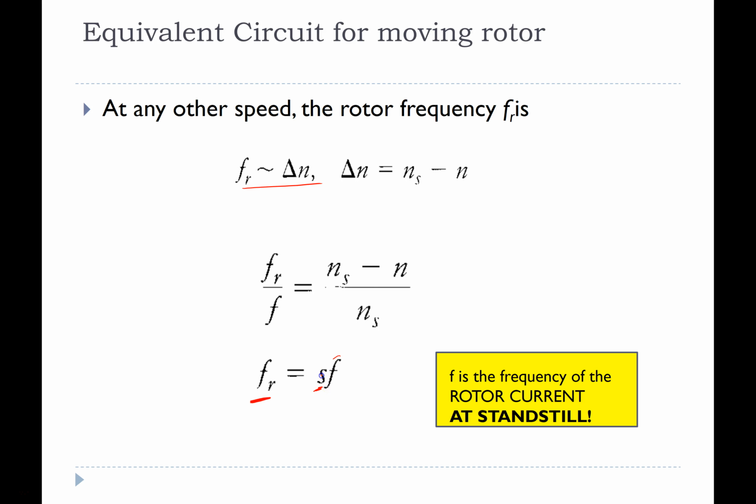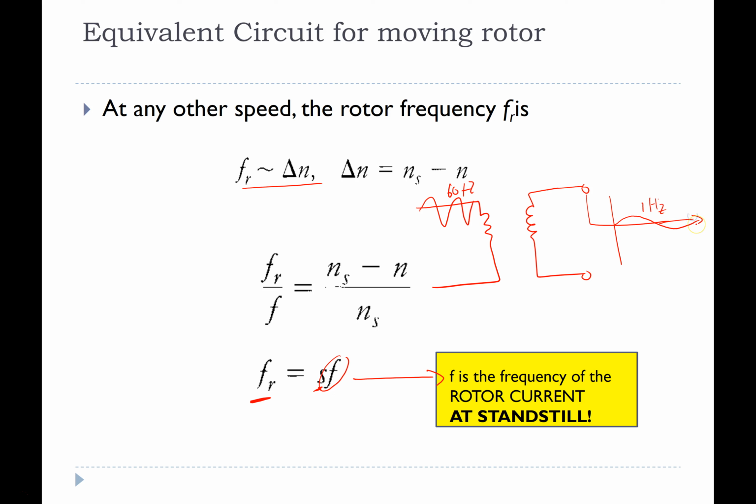So you see, I say here this f is the frequency of the rotor current at standstill. In your induction machine, you may have a stator current of 60 Hertz, and suppose you had a wound rotor machine and you could measure the current coming out, you may get 1 Hertz.